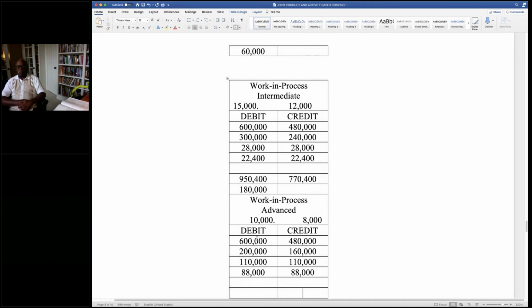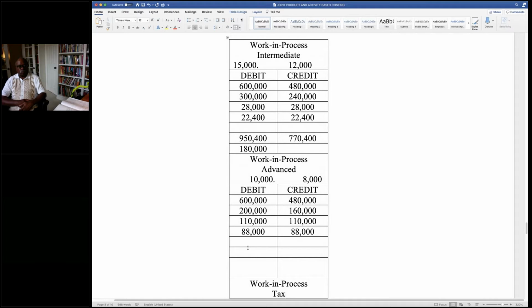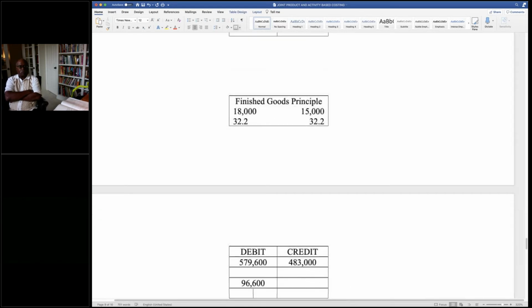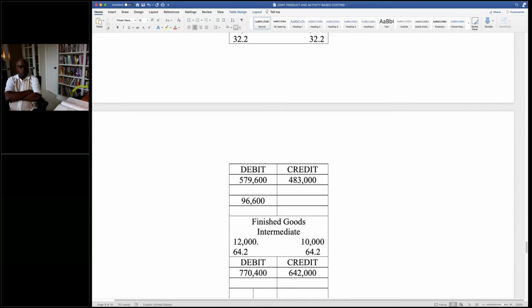Right, and then the total of those, 998, 100, 838, and the difference is 160. All right, so we're going to take that 838 and drag it all the way to our finished goods T chart to begin the comparison of the amount of books that they made to the amount of books that they sold.